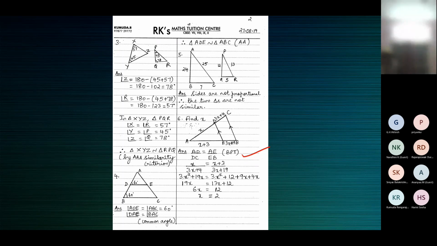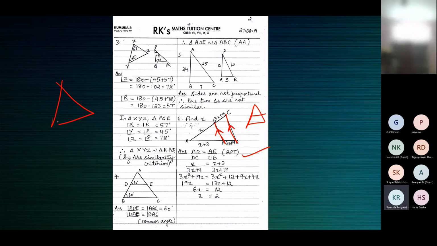Yes, ma'am. All right. So in question number 6, to find the value of x, we use BPT. You don't have to show the triangles are similar. Since DE is parallel to CB, it's marked. You can see here, it's marked. When you have a set of parallel lines in a triangle, you can use BPT.